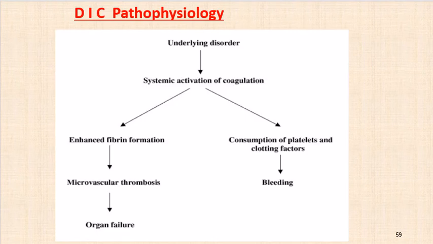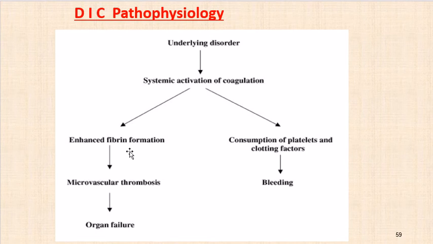Now, the pathophysiology of DIC. The underlying mechanisms, as I described, lead to systemic activation of coagulation. And whenever there is systemic activation of coagulation, on the left, it may lead to enhanced fibrin formation, which leads to microvascular thrombosis.